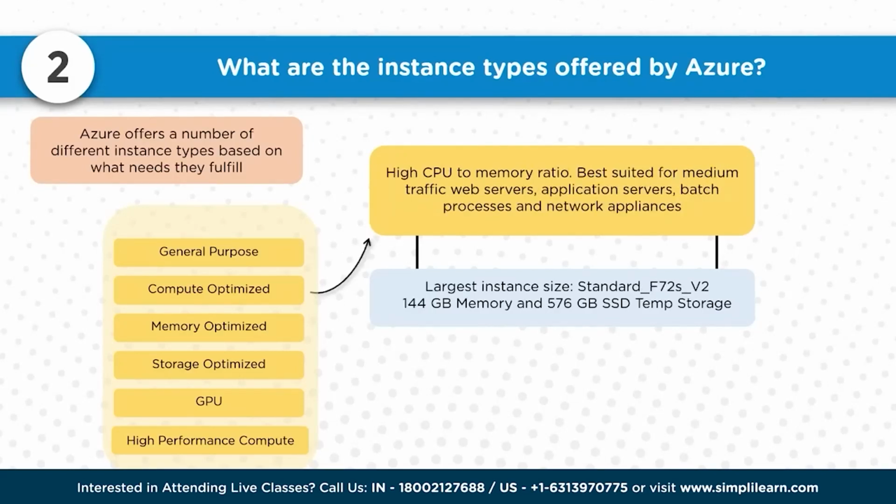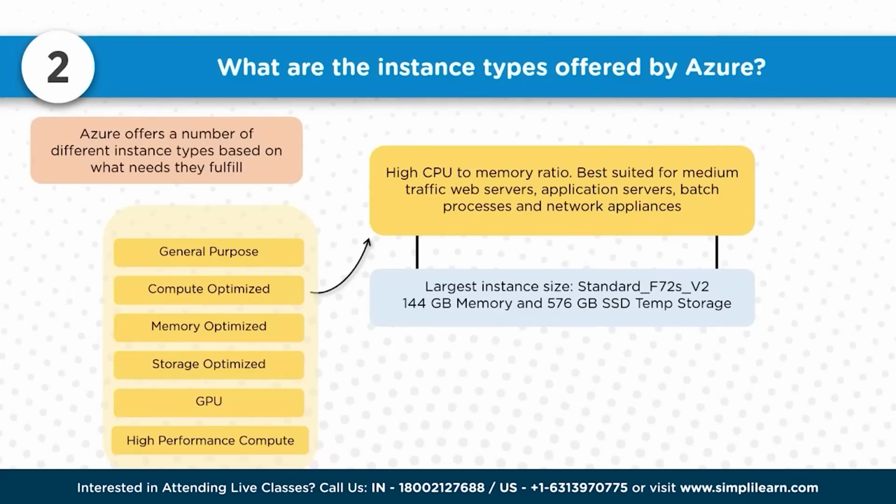On the other hand, compute optimized VMs have a high CPU to memory ratio and are very good for medium traffic web servers, batch processing servers, and application servers. Because it's compute optimized, and compute means CPU, it's an excellent choice for workloads that demand a faster CPU but do not need as much memory or temporary storage. Some of the workloads that run very well on compute optimized are analytic workloads, and gaming servers that require more CPU.